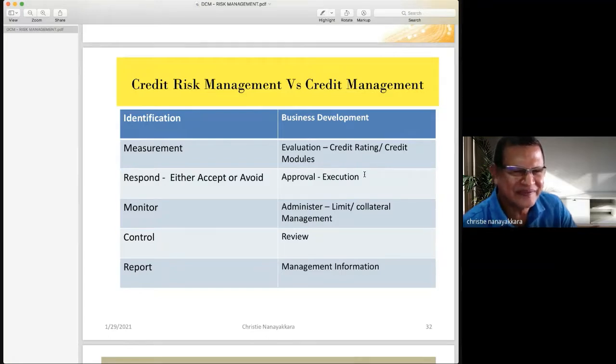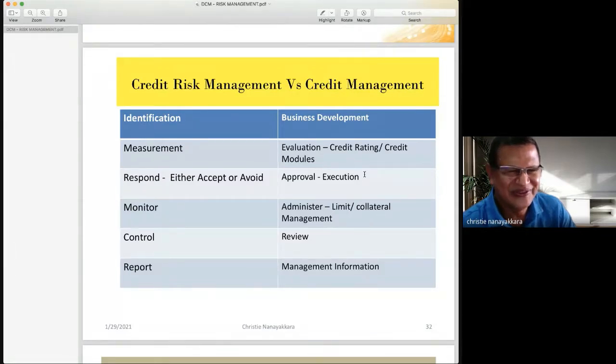Now, we say in order to manage risk, you need to identify the risks. Then you need to actually measure whether that risk is acceptable, because in any business proposal, there will be risks. When you identify, if you're going to avoid all that, you will be out of business.